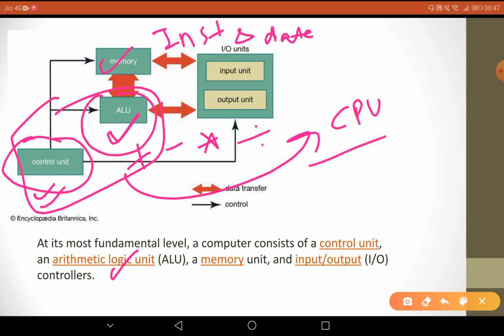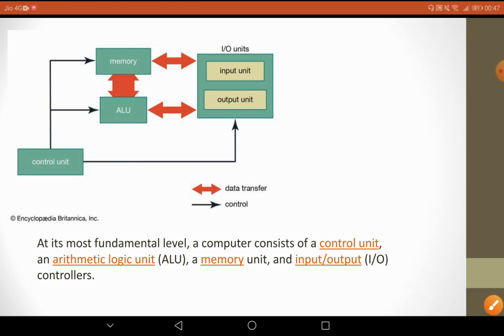And let me tell you again about this picture. Now, when an input or output instruction is encountered, the control unit transfers the data between the memory and the input-output controller.